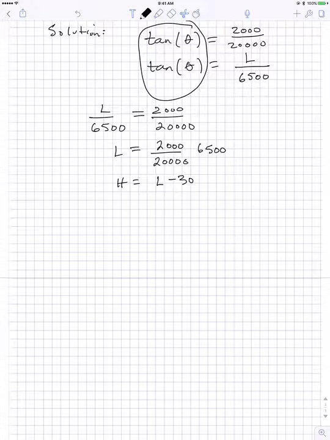So when I go through those calculations, I get that L is 650, minus 30, so the height of the tower would be 620 meters.